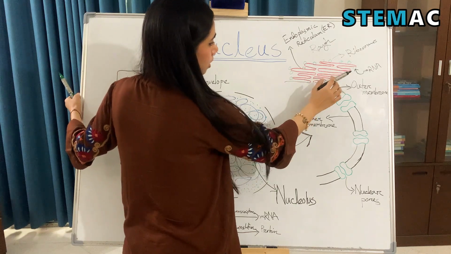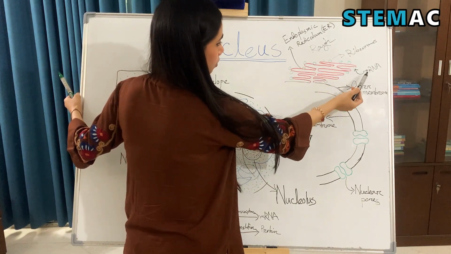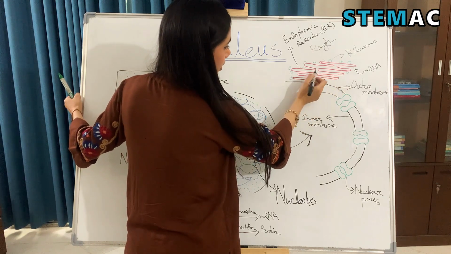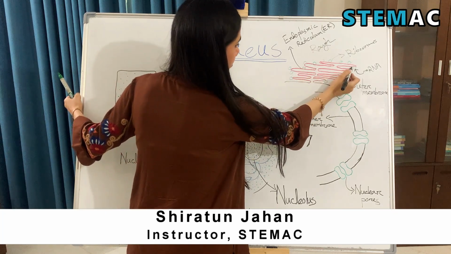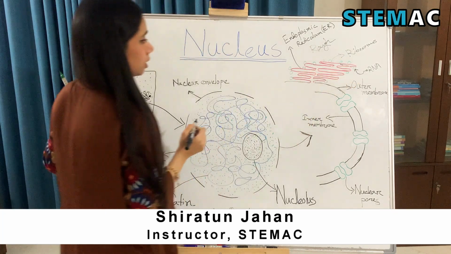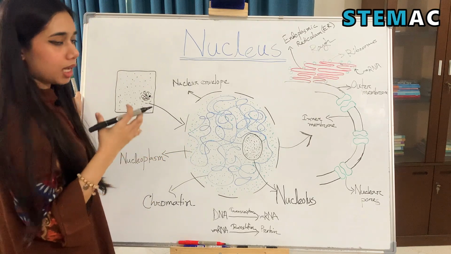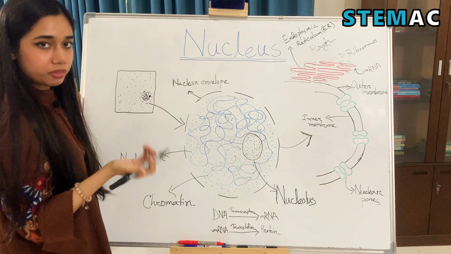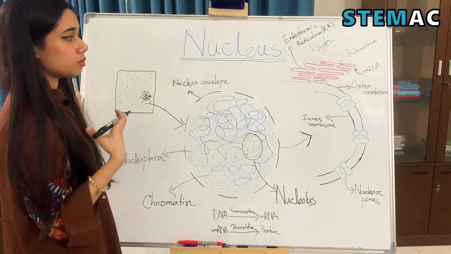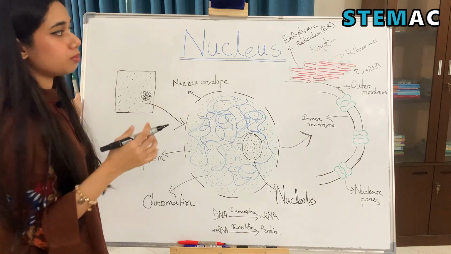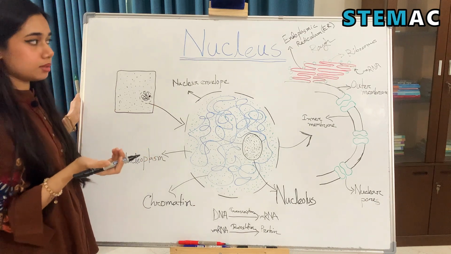These ribosomes will take this mRNA and move it to the endoplasmic reticulum. And within this endoplasmic reticulum, the mRNA will go through some modification, and then protein will be produced, right? So ribosomes are helping in the synthesis of proteins.